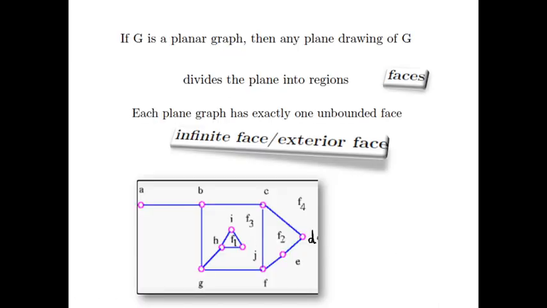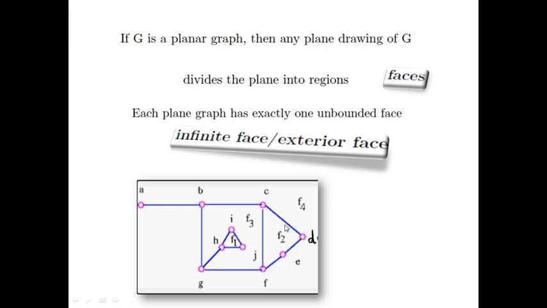Next you can see what is faces. G is a planar graph. Any plane graph that divides the plane into regions, those regions are called faces. So in every planar graph you can see exactly one unbounded face, and that face is said to be the exterior face, otherwise the infinite face.